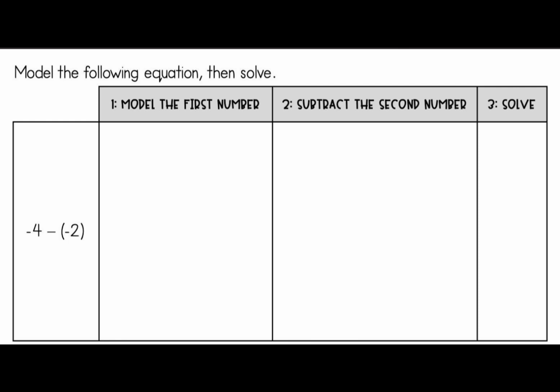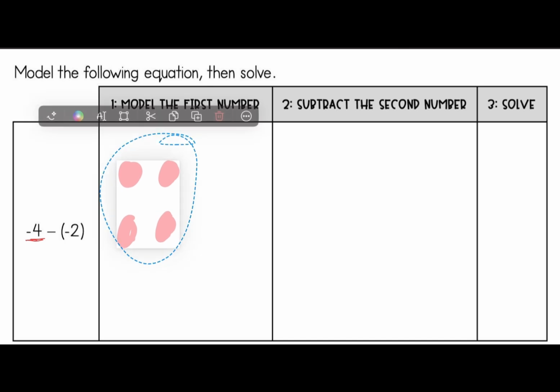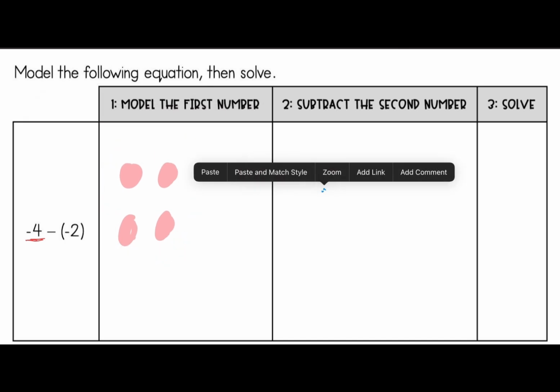Now, model the following equation, then solve. So first we need to model what we start with. We are starting with -4, and then I am going to again take this, copy it, and put it right over here.